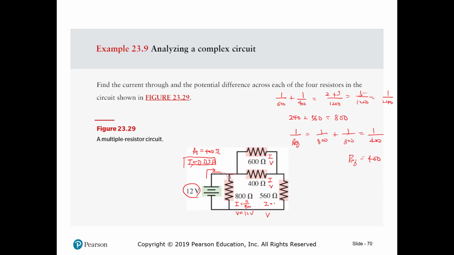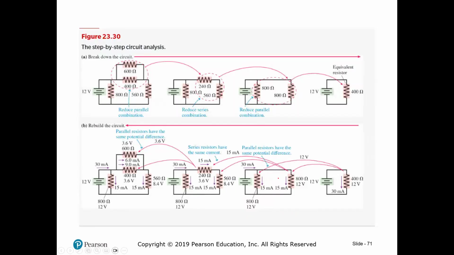This is going to be 0.03 minus 12 over 800. And then your voltage drop, you can calculate with V is IR. So whatever I value you have times 560 will be the voltage drop across here. Let me find the actual number.